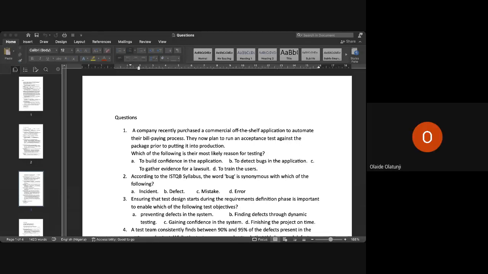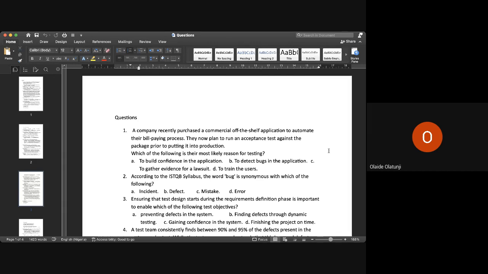I think maybe an already made application. Exactly. So that's what it means, the application has been built already.